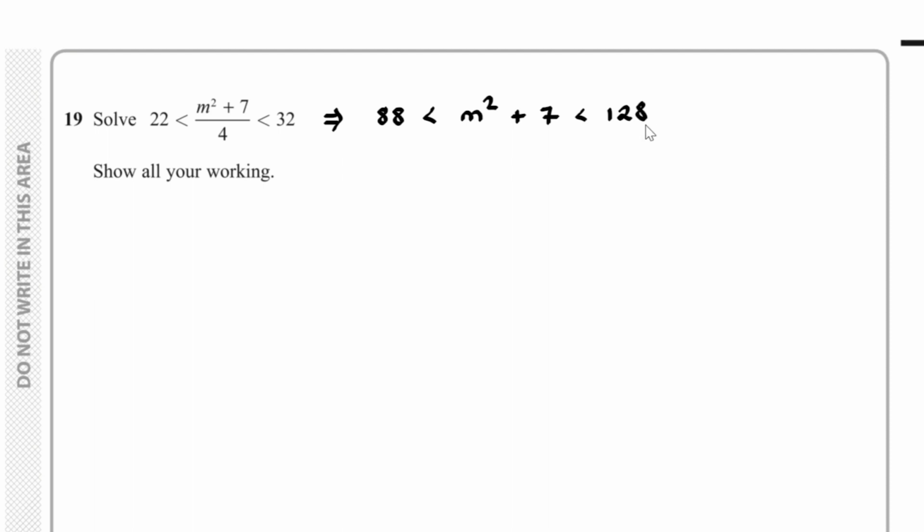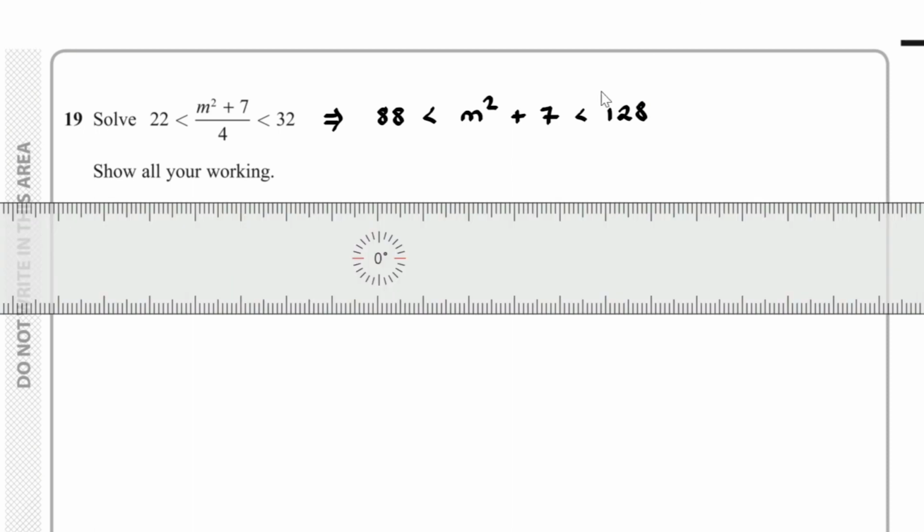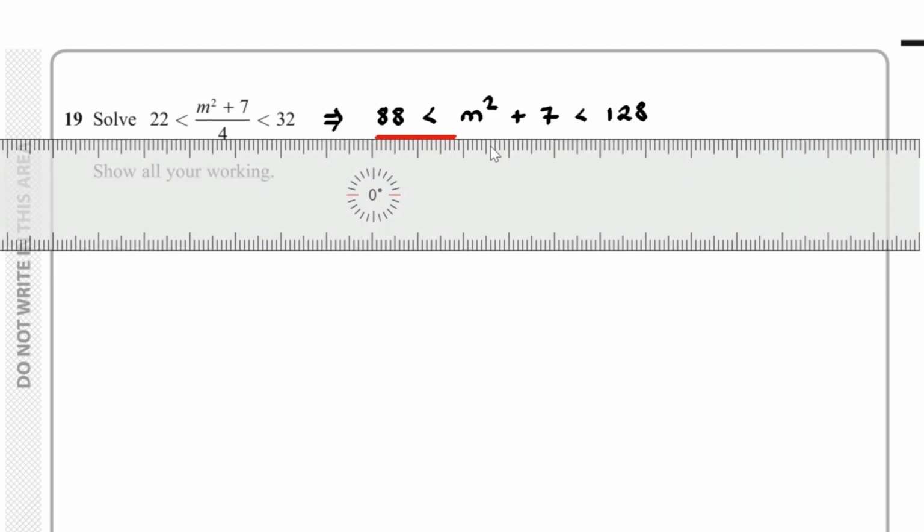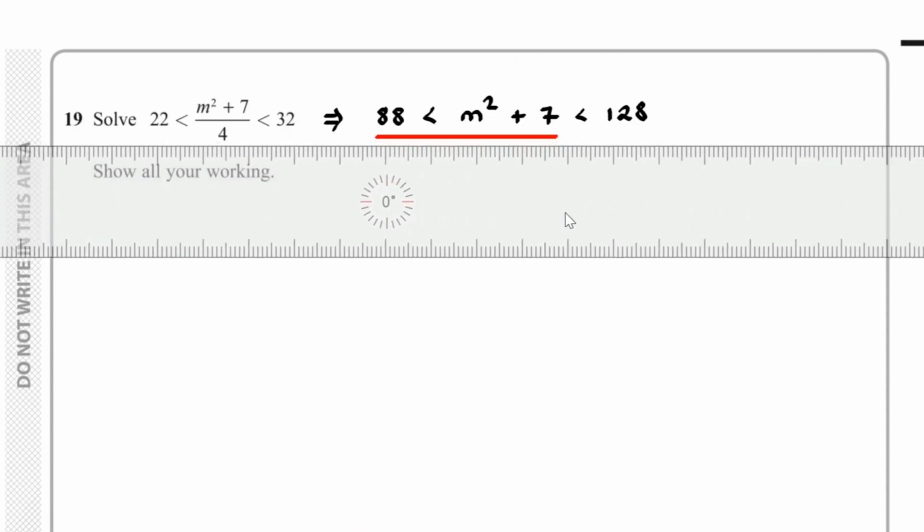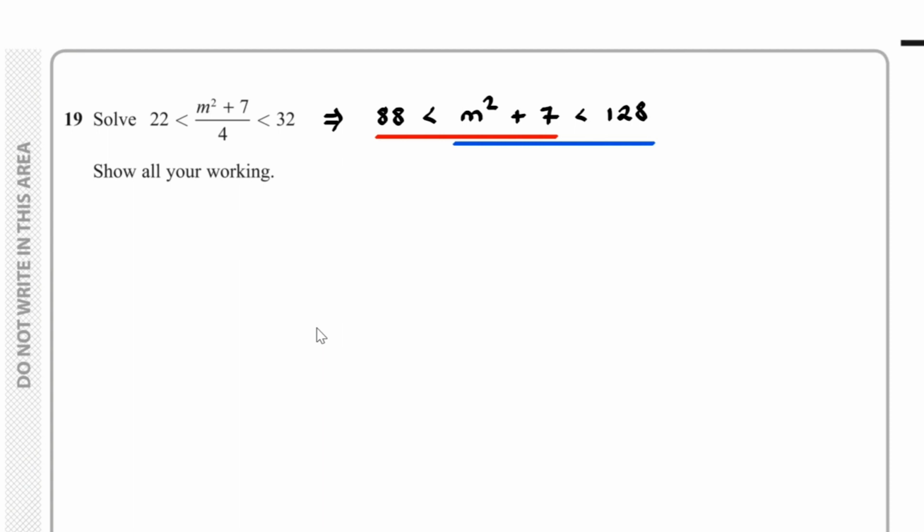Now, the way we can solve this is to treat this as two separate parts. We've got the 88 being less than m squared plus 7, and we also have the m squared plus 7 being less than 128. So there's two parts which we need to solve.